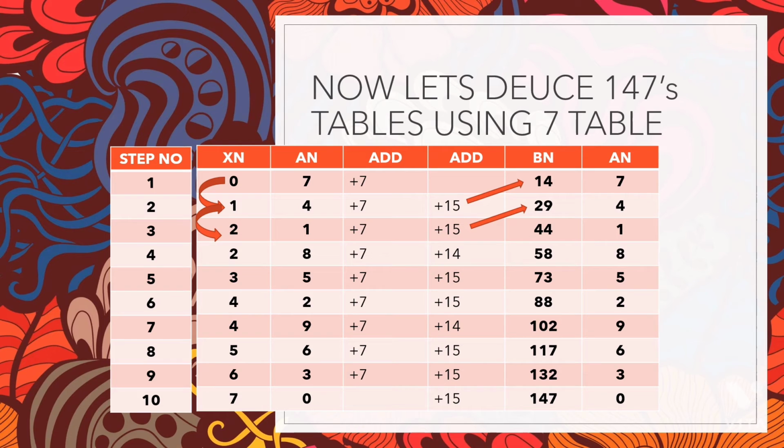Now x3 is equal to x4, so we'll just add the base value, that's 14, to 44 to get the answer 58. Now again we check, x4 is not equal to x5, so we'll add 15 to 58 to get 73. Now x5 is not equal to x6, so we'll add 15 to 73 to get the answer 88.